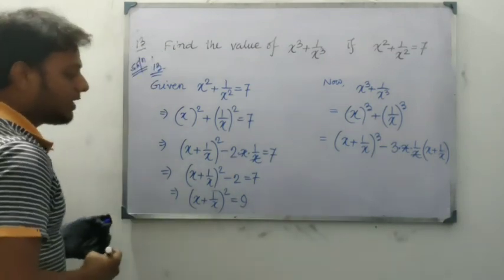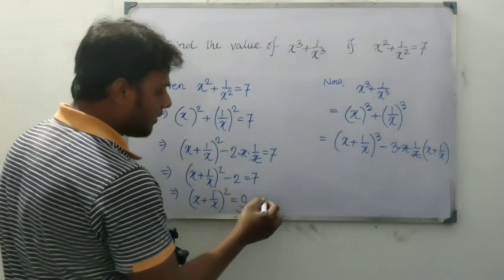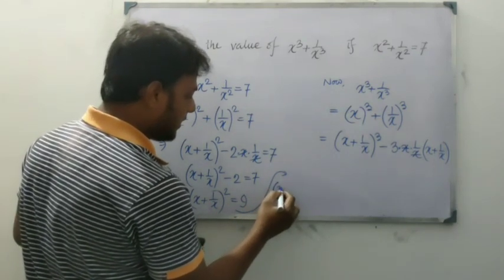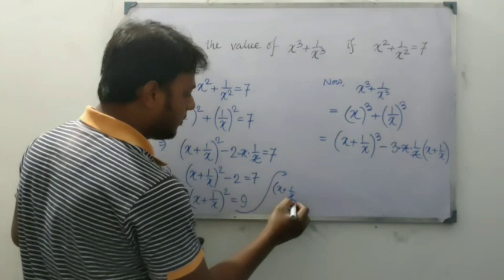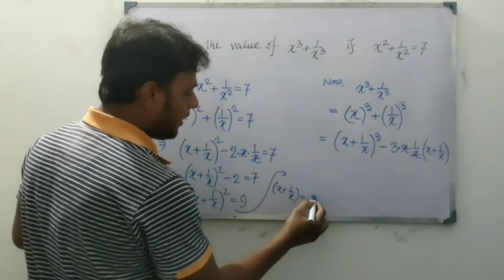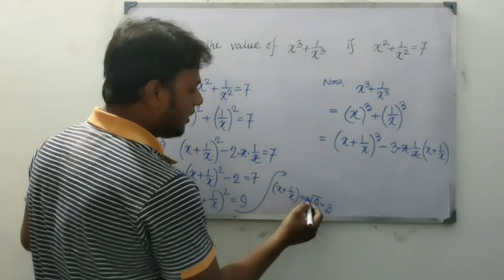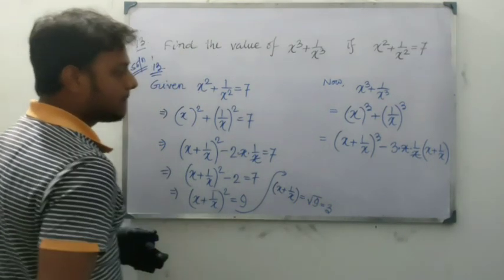So what is the value of x plus 1 by x? Since square is there, to remove the square, we take the square root of 9, equals 3. Okay, actually plus and minus should be there.